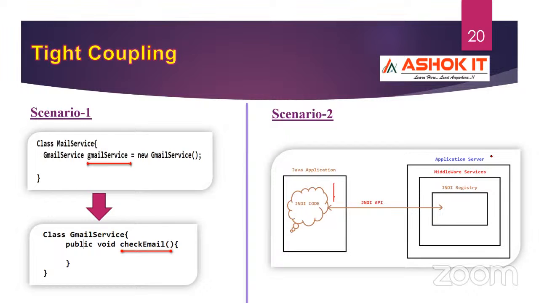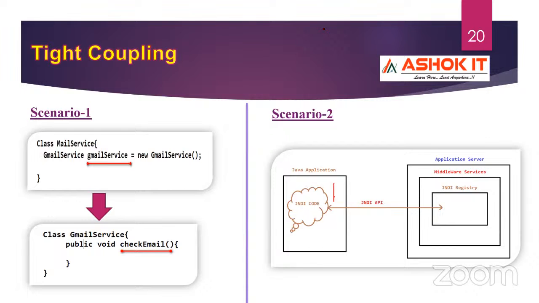When you are working with connection pooling, server side connection pooling, that comes under tight coupling between the Java objects. Your servlet object and the JNDI object become tightly coupled. The best example is implementing connection pooling using the server side. Understand?